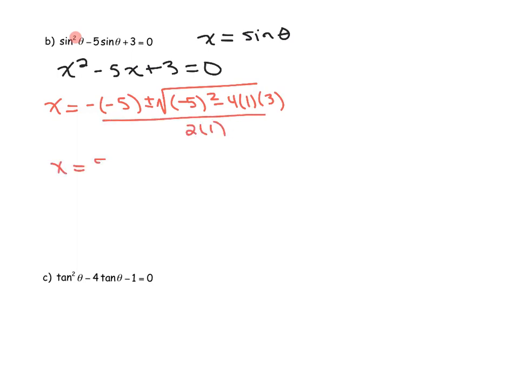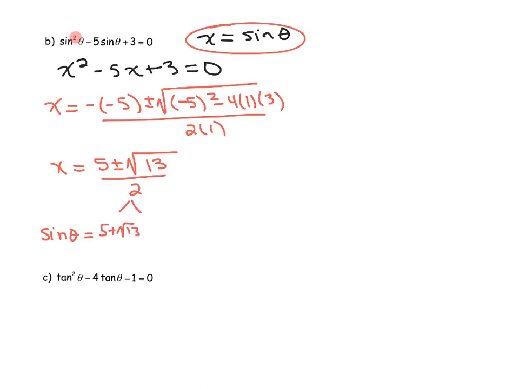I'll have x equals 5 plus or minus the square root of 25 minus 12, which is 13, all over 2. And these are now my two solutions. Remember, we said x equals sine theta, so I'm going to write here sine theta equals 5 plus rad 13 over 2, and sine theta equals 5 minus rad 13 over 2.